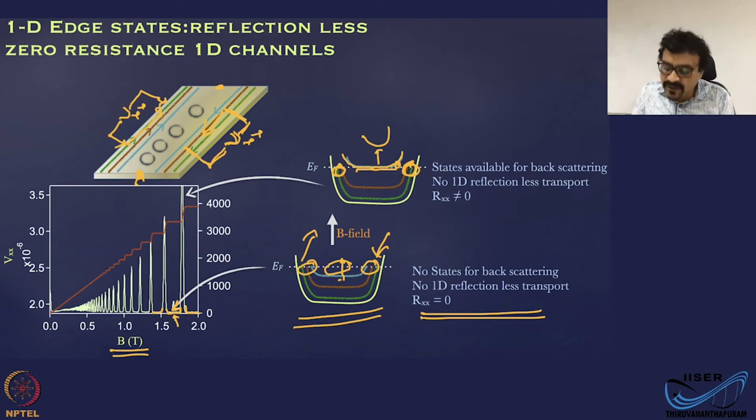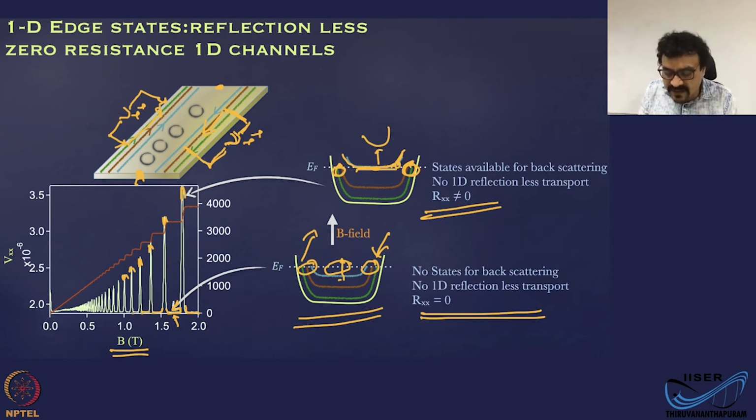Now when you increase the B field, you will reach a situation where this level goes across the Fermi level. When it crosses the Fermi level, there are a lot of states to scatter into, so the resistance is not zero. The resistance will shoot up, and that is represented by the peak. This happens periodically because every time a Landau level crosses, you get these peaks. But once the Landau level has crossed, you get a valley with zero resistance.